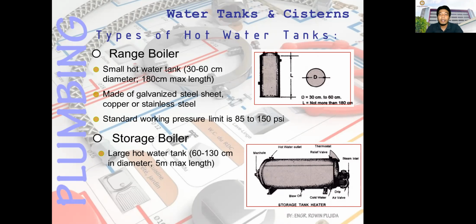But for residential buildings that are too big, maybe a 3-story residential building or more, you can use a storage boiler. But for a 2-story residential building or maybe a commercial building, you can just use a range boiler.